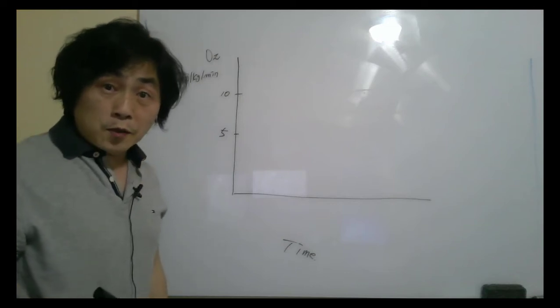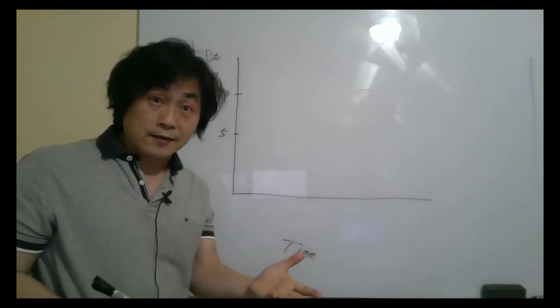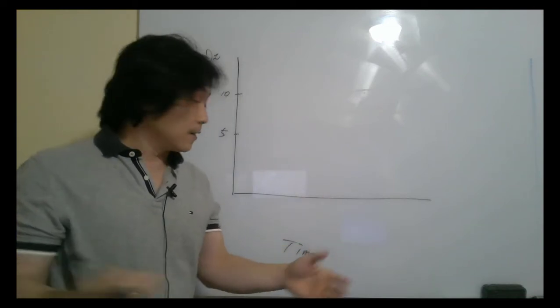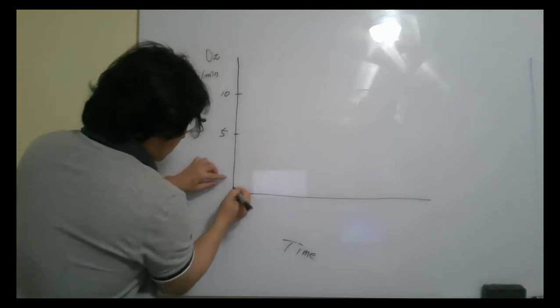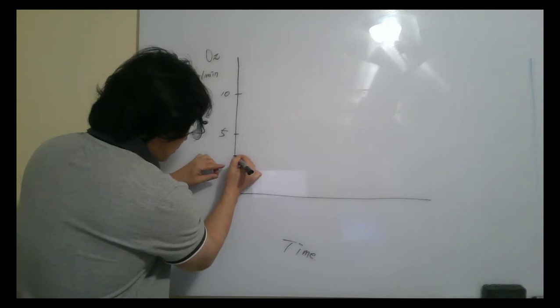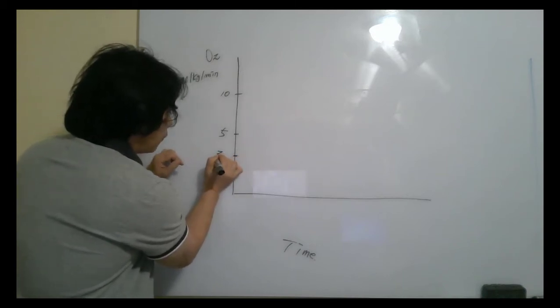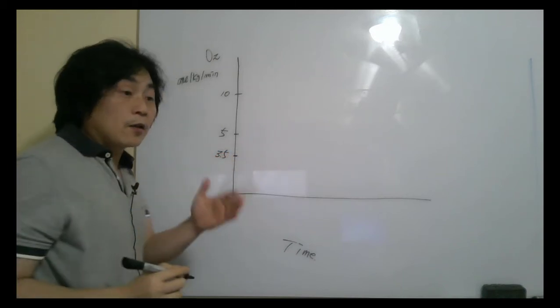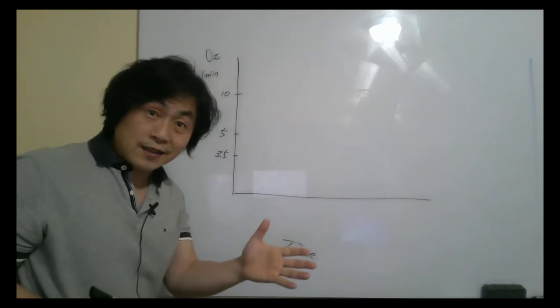At rest, how much oxygen do we need? We already calculated it. Marking 5 and 10 on the axis, at rest, 1, 2, 3, 4, 5, I think it's around here. So 3.5 milliliters per kilogram per minute we need.